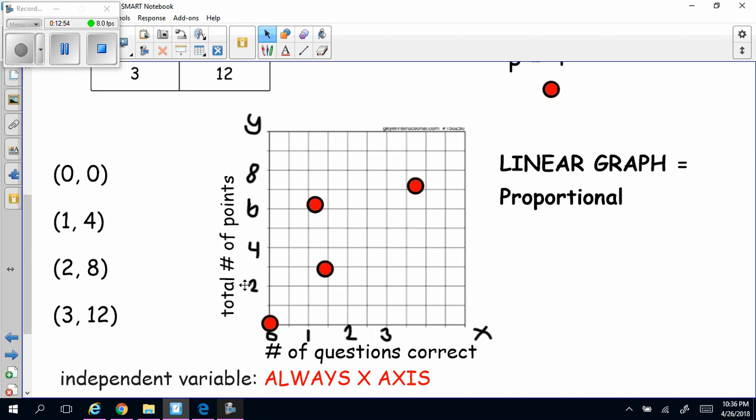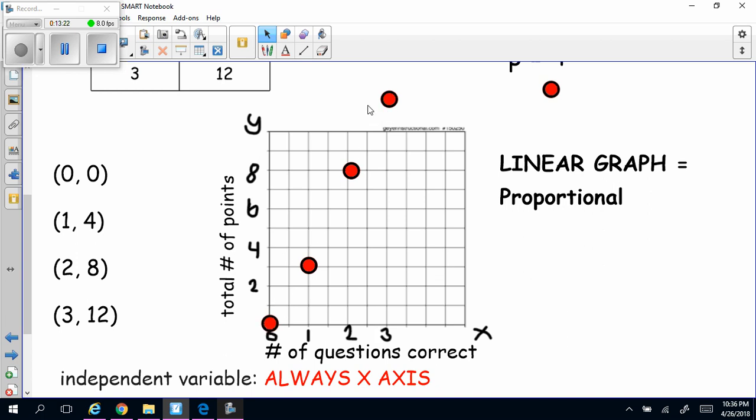This does not make sense. All right. So what we had before would be a linear graph, a proportional graph, a correct representation of independent and dependent variable. So if you see this linear line going here, that lets us know it is accurate.